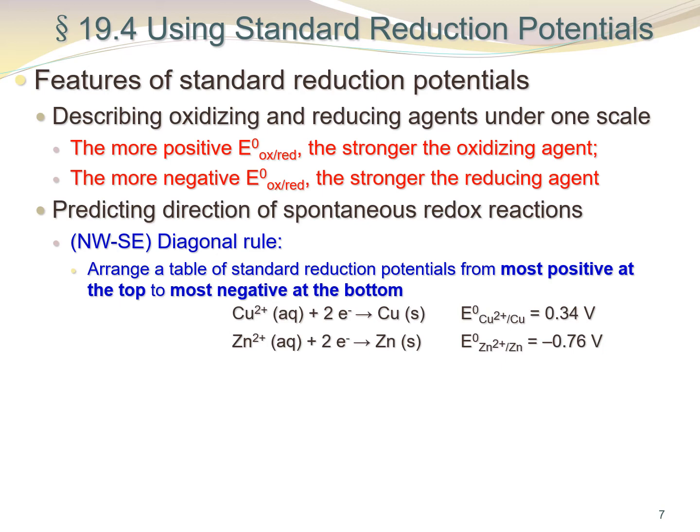That's the reason why we put the copper on the top, because it's more positive than zinc. Here comes the reduction half reaction of copper, and the reduction half reaction of zinc, because once we decide where to put the standard reduction potential, here comes the half reaction.